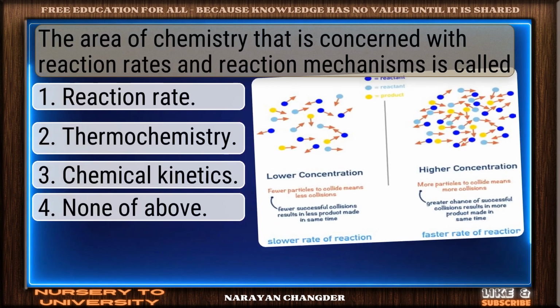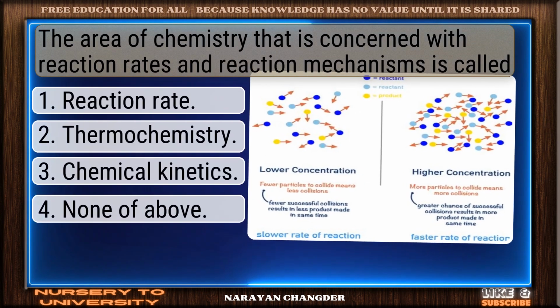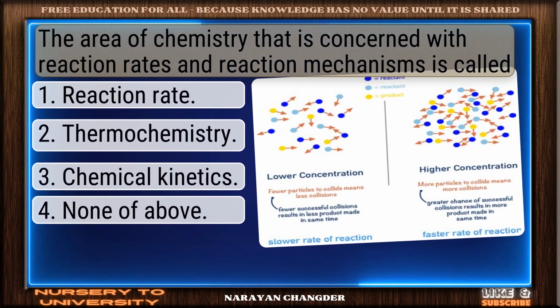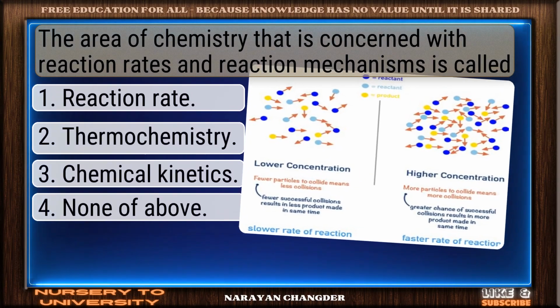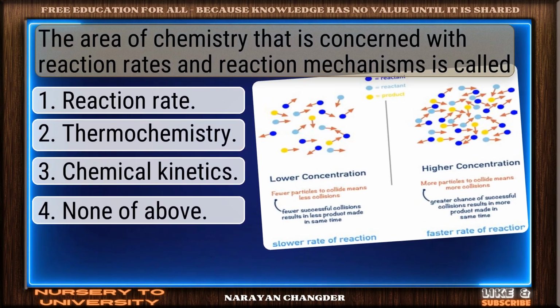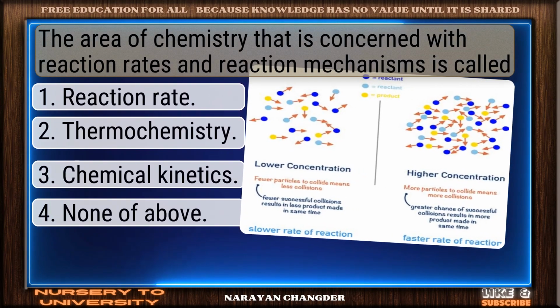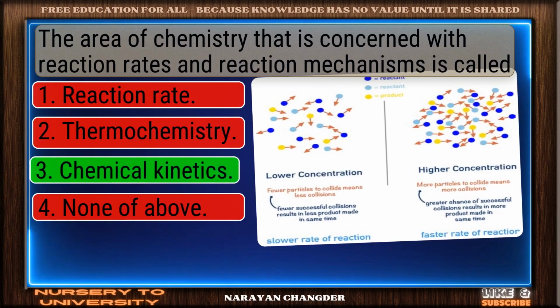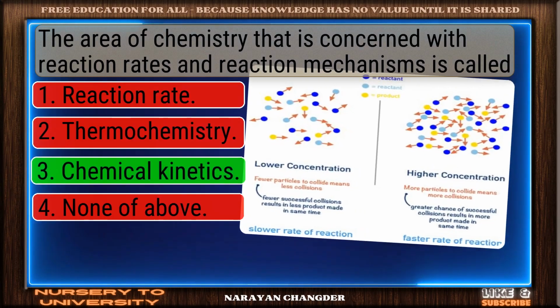The area of chemistry that is concerned with reaction rates and reaction mechanisms is called: Option 1, reaction rate. Option 2, thermochemistry. Option 3, chemical kinetics. Option 4, none of above. Right choice, chemical kinetics.